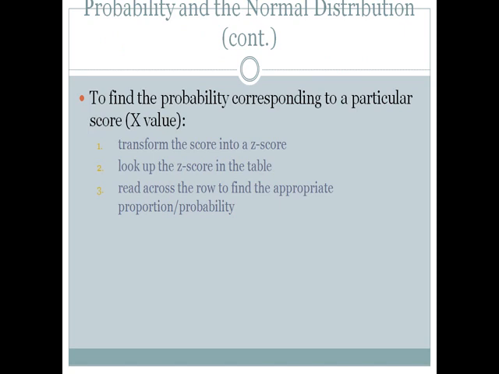Fortunately, we can convert raw scores into z-scores. So transform this raw score into a z-score. This is what we learned in the previous chapter. Step 2, with our new z-score, we look that up in table B1. And then step 3, we can read across the row for that z-score to find the appropriate proportions and probabilities associated with that z-score.